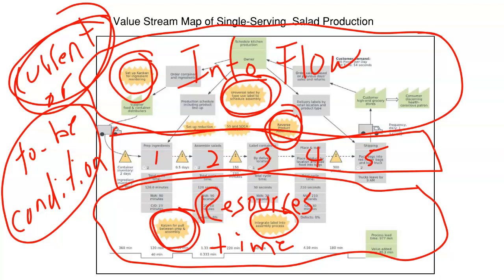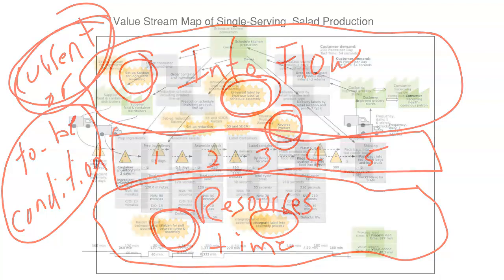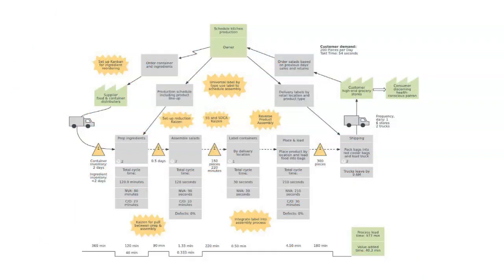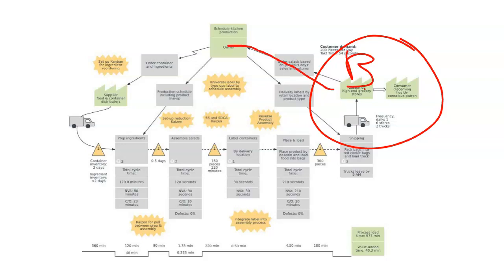And now what I'd like to do is clean up the screen a little bit and show you how when you're reading and interpreting the map, we typically move in a counterclockwise fashion. When I'm given a value stream map to interpret, almost always what I will do is I'll focus my eyes in the upper right-hand corner because it's usually in this upper right-hand corner where a customer request is made. We then follow the almost always information flows that move through the facility to help fulfill that customer request.